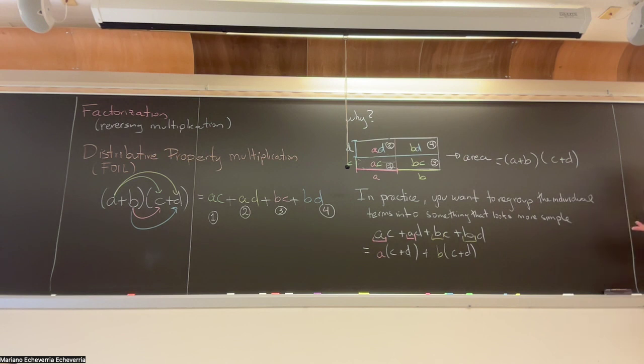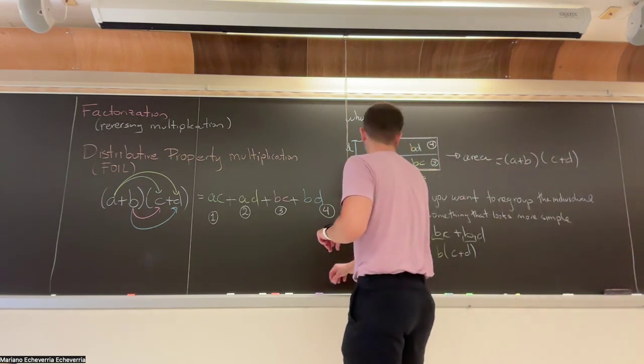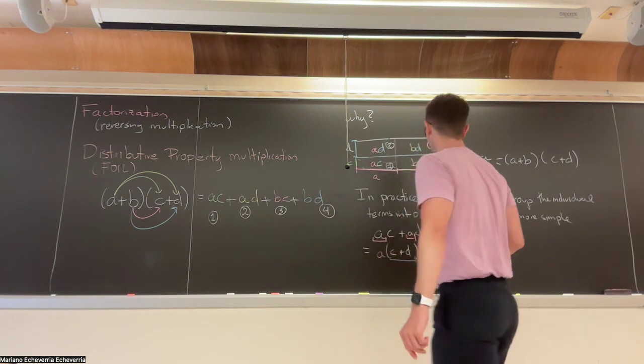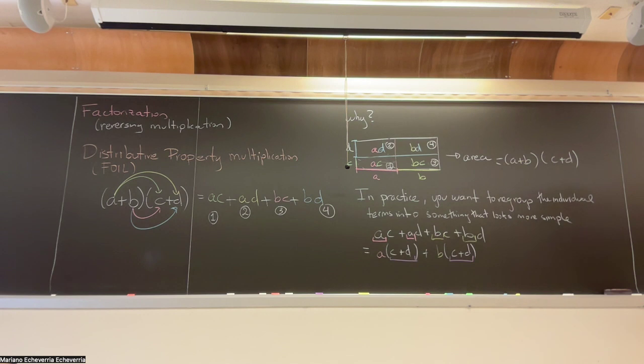Once you see that, you can say, okay, now there's something similar going on here, where I have C plus D, C plus D on this end. Since that's a common term, I can factor it out.